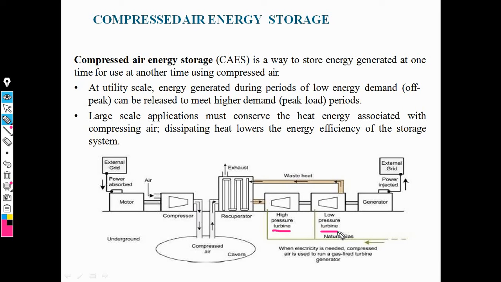The efficiency of the compressed air energy storage system is higher as compared to the pump hydro energy storage system. Most other compressed air energy storage plants operate on the same principle.